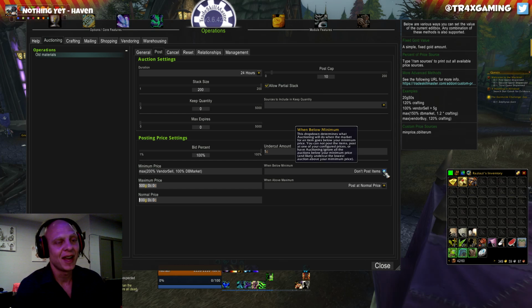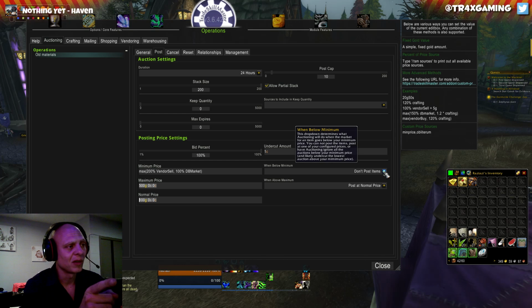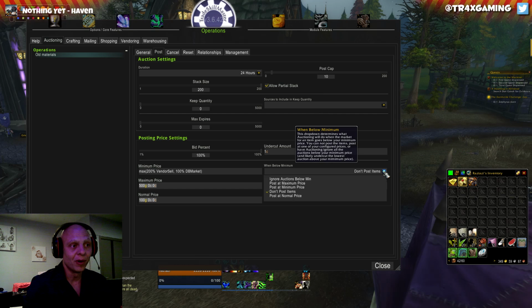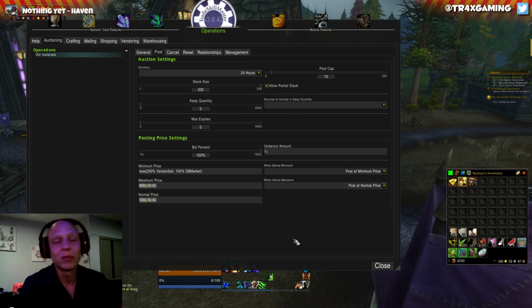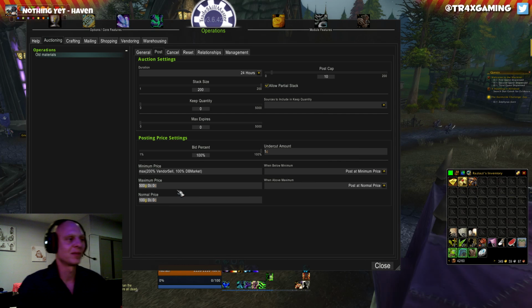And he buys a stack of 20 items, which were 1 copper a piece cheaper than yours, and now suddenly your auction didn't sell. Instead, if it was on the auction house, for when below minimum, post at minimum, it would probably have sold. That is why you put here post as a minimum price.